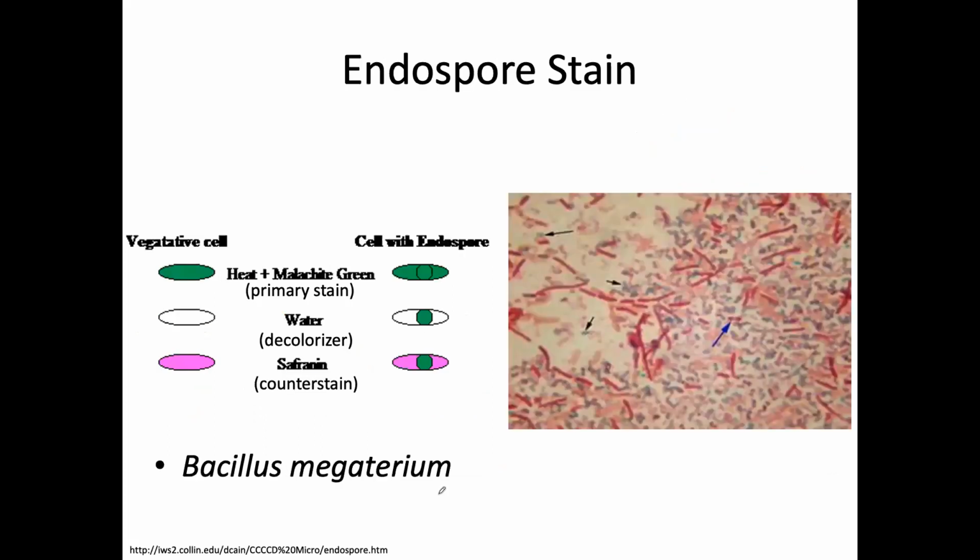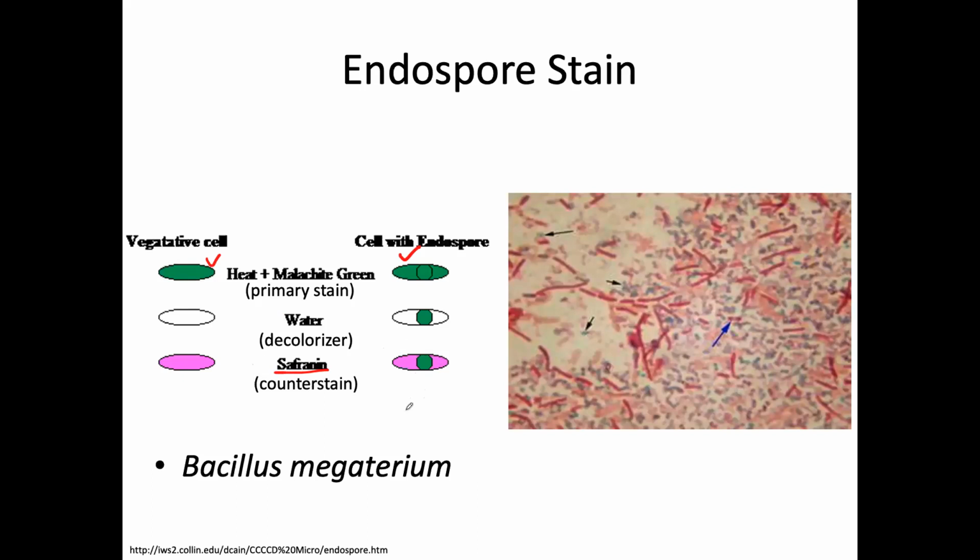Endospore stain. The primary is malachite green. Everything stains green. Water's a decolorizer. And then safranin is the counter stain. And so what happens is the endospore is going to stay green and the rest of the cell is going to be pink.